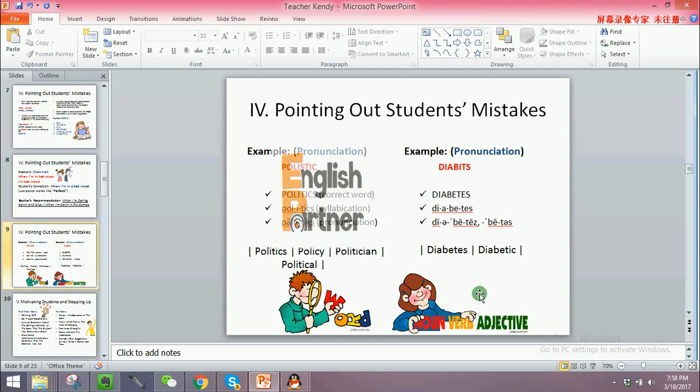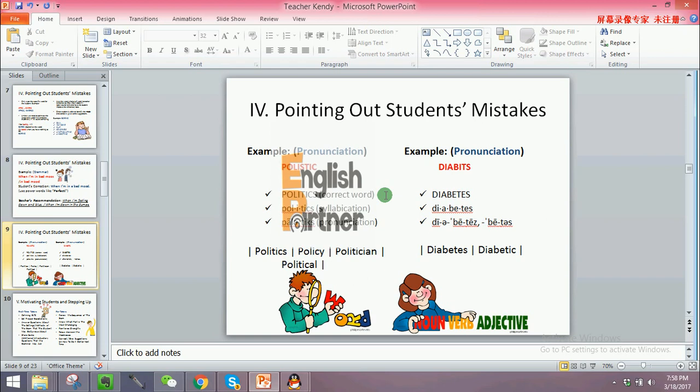So, for example, I also give these different things to them. Not only do I correct their pronunciation, I don't only tell them it should be politics. Aside from supplying them with the correct word, I also show them how to syllabicate the word.